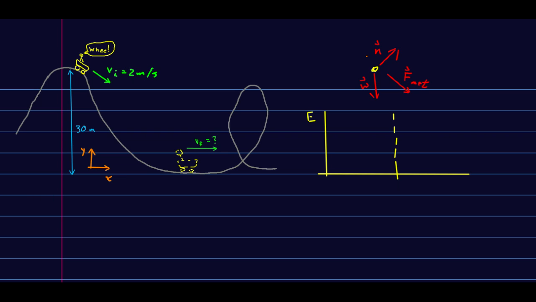But then there's this normal force. Do we need to worry about this normal force? Well, remember, a force only causes transformations of energy if it does work. And this normal force everywhere is perpendicular to the direction of motion. And so the normal force does no work anywhere on the track, and so we can just totally ignore it.